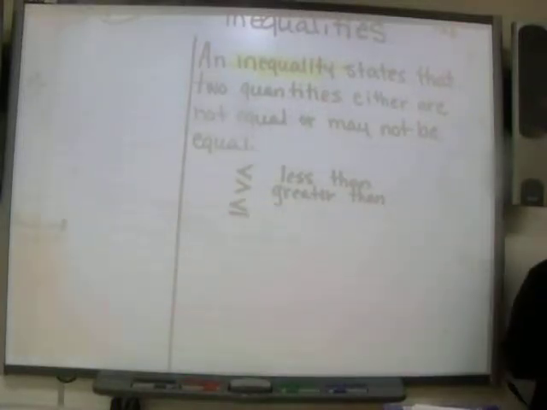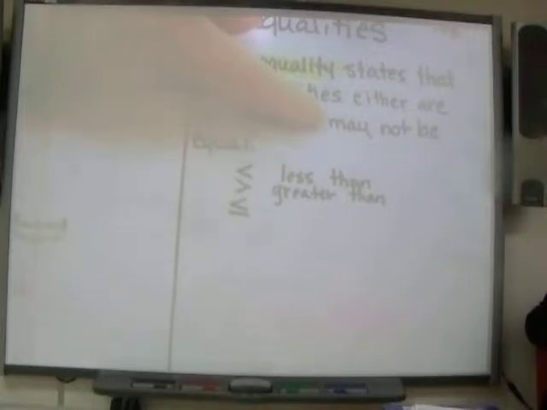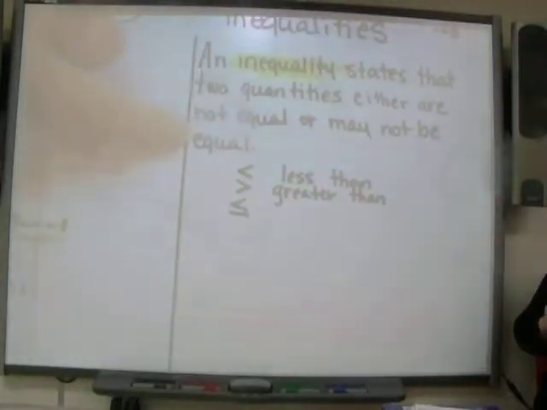That's what the definition up here meant by may not be equal, because in some instances it can be, and that's what that line underneath the less than sign stands for, that it can be less than or equal to.